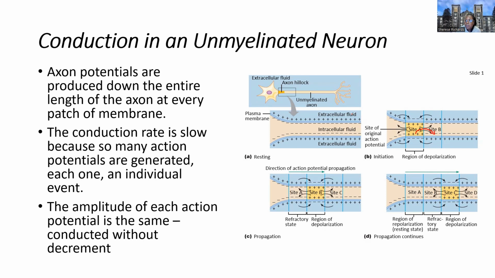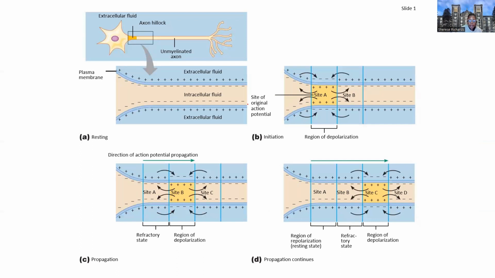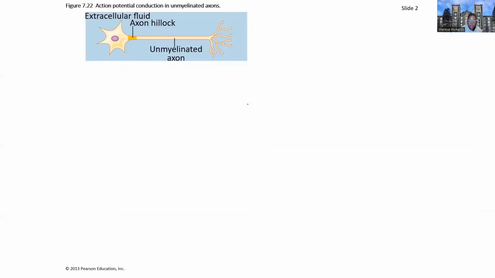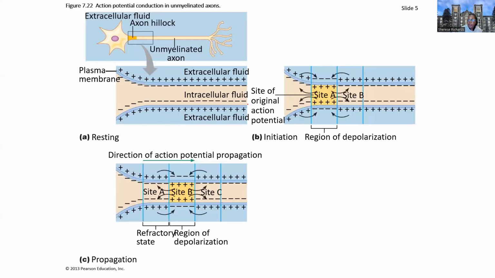And because there is no myelin, this is an unmyelinated axon, the conduction time here is going to be much slower, right? Because the action potential has to physically move from one site to the next, down the entire length of the axon.